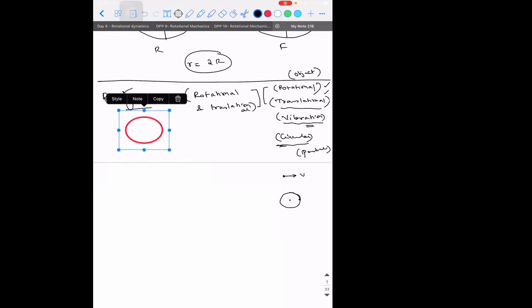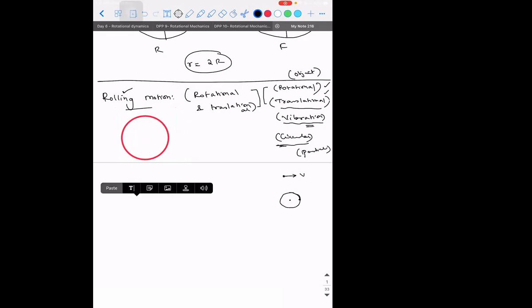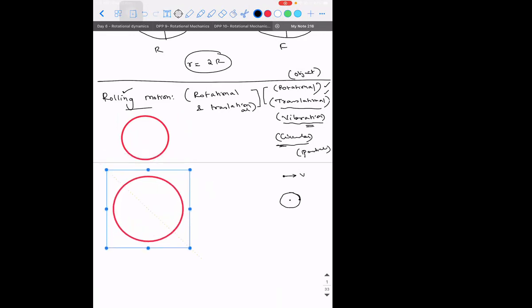Let's say this is a wheel which is rotating on a floor. What are all the parameters this object should possess for me to say that the wheel is rolling? What should it have?